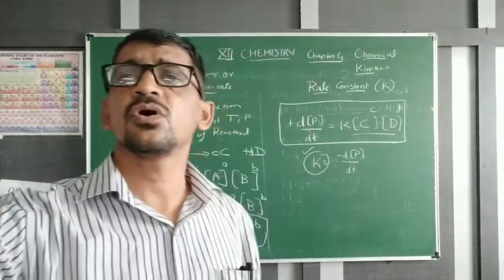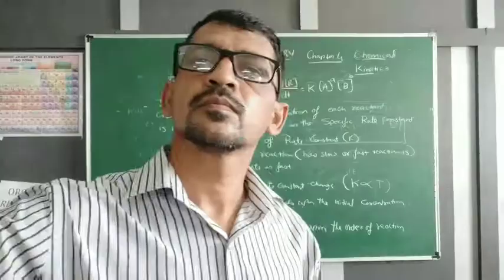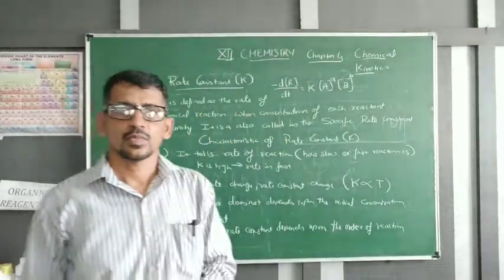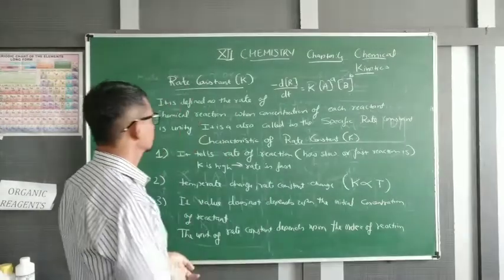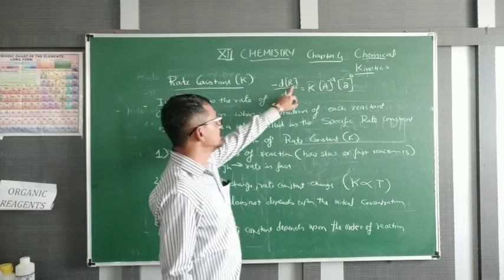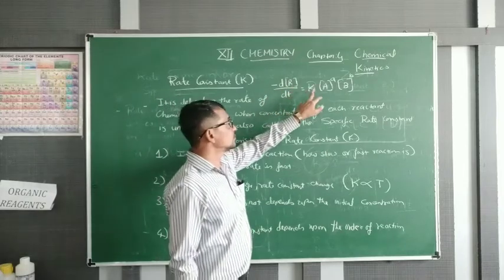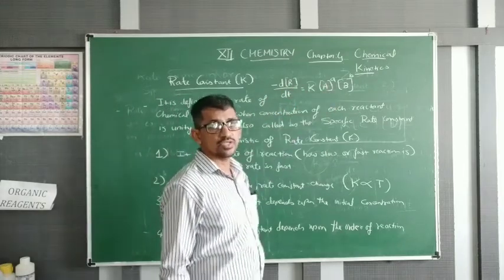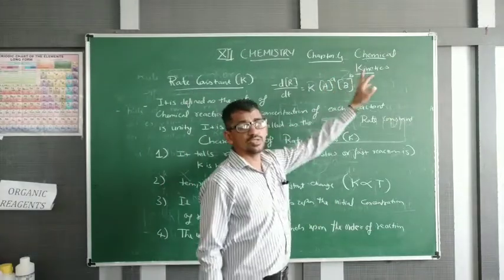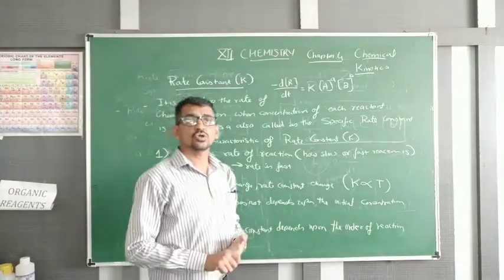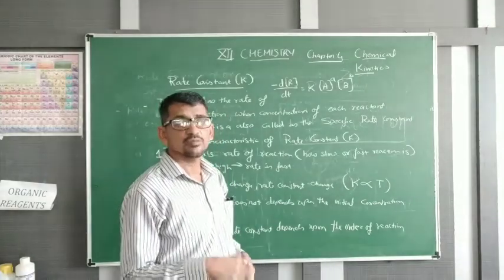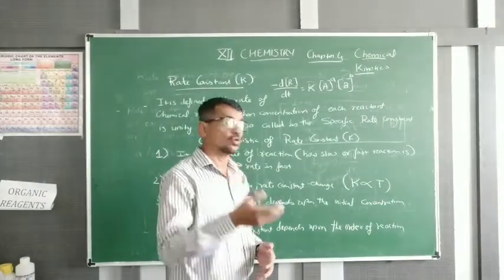Okay, characteristics of rate constant, one by one. Minus dR by dt is equal to K, [A] raised to a and [B] raised to b. Again, a and b are the orders of reaction. a plus b gives the total order of reaction. It may be zero order, first order, second order or onwards.